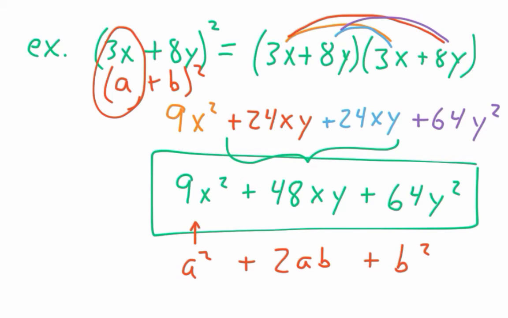The 2ab is going to be 2 times 3x times 8y, so 2 times 3 times 8 is 48, and x times y gives me that middle part. And then last we'd have the b squared, which is 8y times itself. 8 times 8 is 64, y times itself is y squared. So that's kind of where I was trying to go with it.